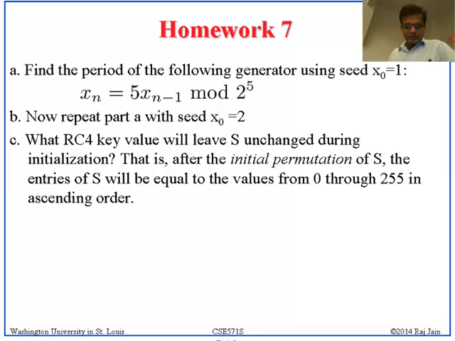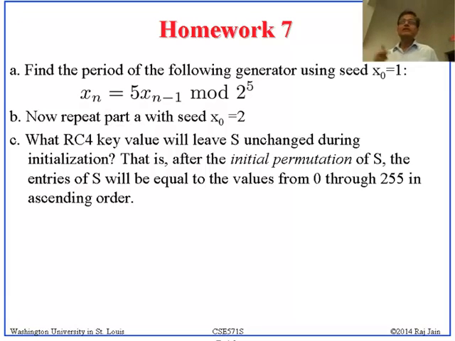So here's the thing basically: what value of key, this Ti, should be so that when you add and swap Si and Sj, at the end it will just come out the same value. After all the shuffling, it will still be 0 to 255. It will not be 0 to 255 at every step, but after 256 steps it will be the same.